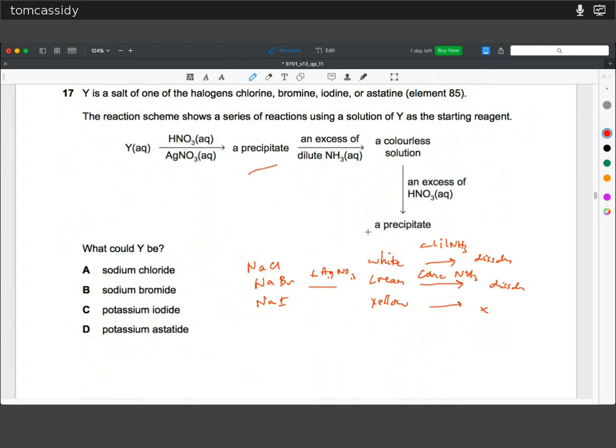Well, that gets us that first stage, and it didn't tell us about the color. But then it says those precipitates then dissolve in dilute ammonia. The only one that dissolves in dilute ammonia is the white precipitate that was formed from a chloride. And as you look down the selection here, there's only one chloride given to you, so the answer there is A.